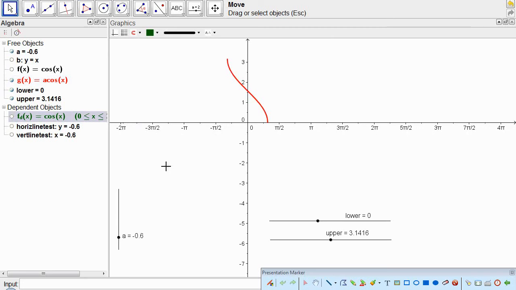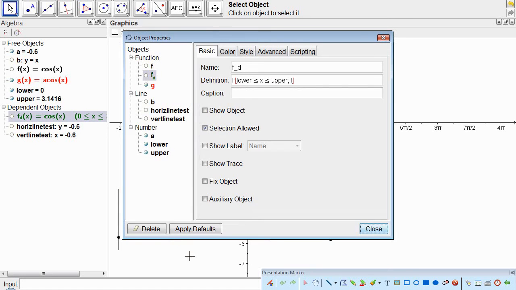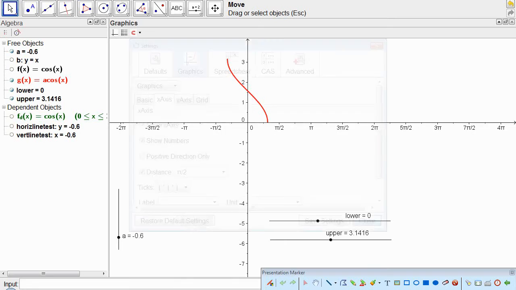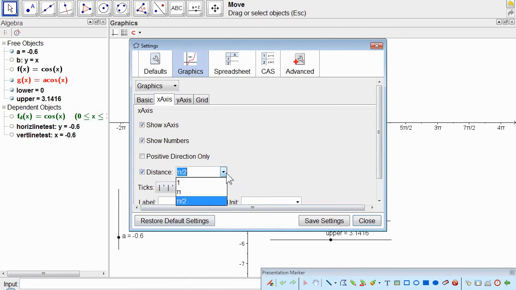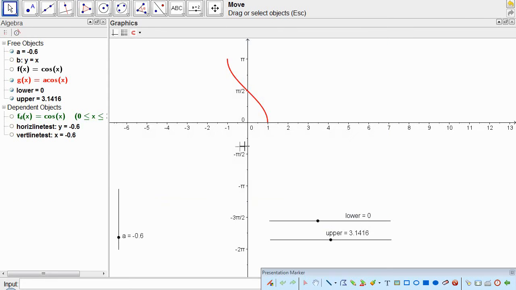Of course, it would be a little easier if I remember that these are no longer angles anymore. So let's change the x-axis. That's not what I wanted. Let's try this again. Change the x-axis to 1. Change the y-axis to pi over 2, and you can get a better idea now.